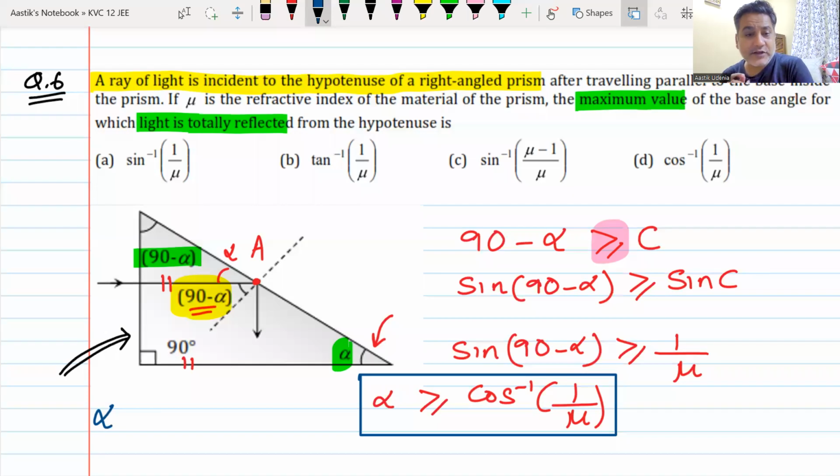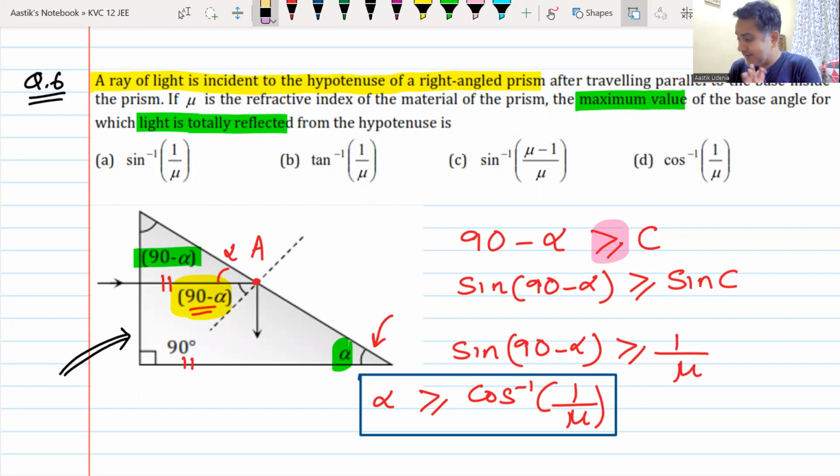So the maximum value will be cos inverse 1 by mu. Do we understand this? Okay. So that is what you need to remember. Anyone got this?